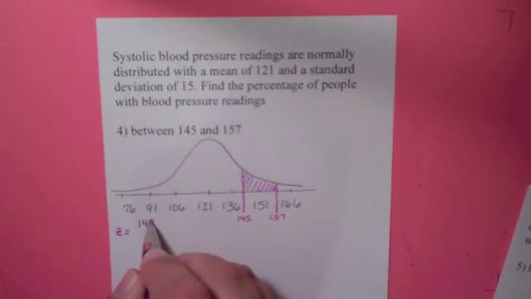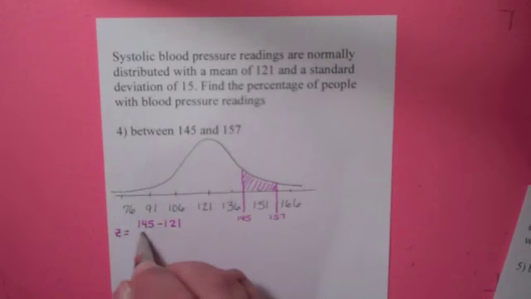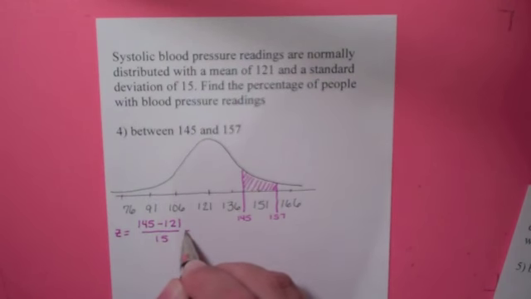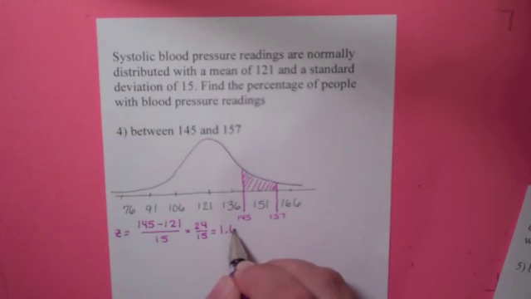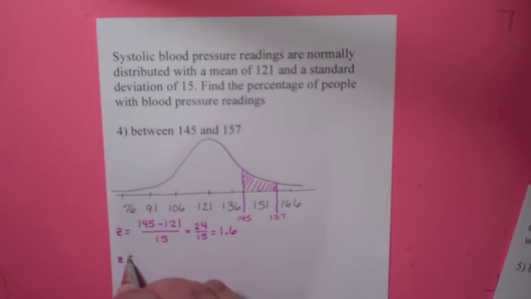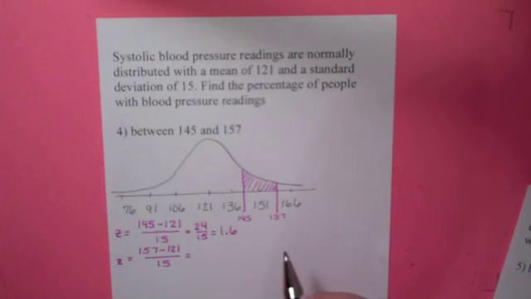Take your data point minus the mean divided by the standard deviation. 145 minus 121 is 24 over 15, which is 1.6. Now let's find the z-score for 157. So data minus mean over standard deviation. 157 minus 121 is 36 over 15, which is 2.4.